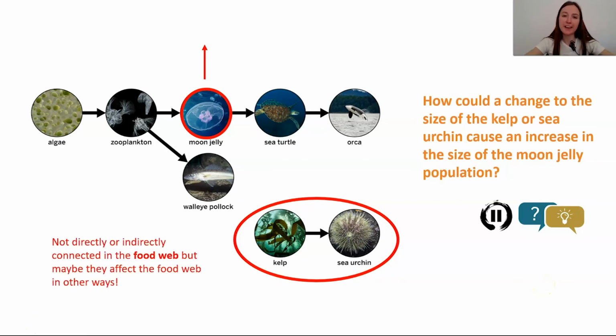They wouldn't have affected the moon jellies by eating more and causing more deaths or being eaten more and causing more births, but as we were thinking about before, they still are in the ecosystem. Maybe they are competing in a different way for space or other resources. That could be something to look at in further lessons.